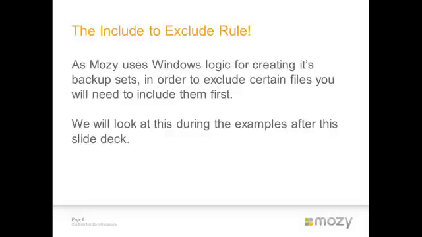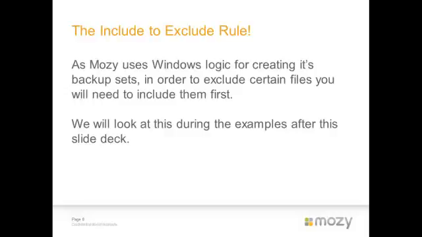So, the include and exclude rules. This is one I'll explain in the demonstration, as it's easier to explain when you're actually viewing how to do it. Mozy uses Windows logic for creating backup sets, and because it's system logic, it's different to the logic that we would naturally think.